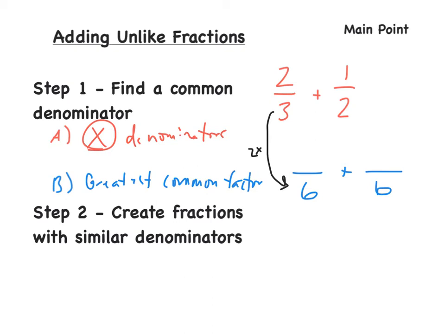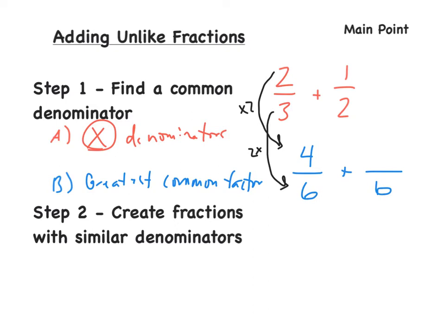If you multiply the denominator by 2, you also have to multiply the numerator by 2. So 2 times 2 is 4. So 2/3 and 4/6 are equivalent fractions. This is a fraction with a similar denominator.